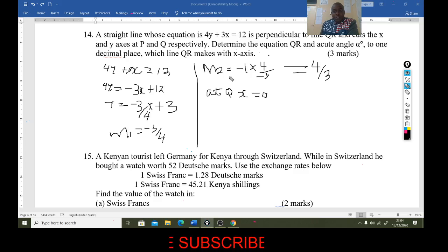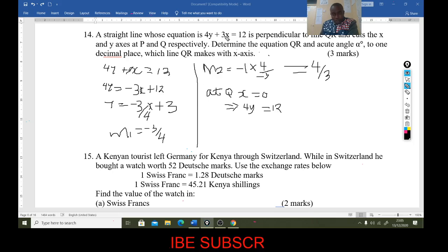So if I substitute x being 0 in this equation, 4y equals 12.